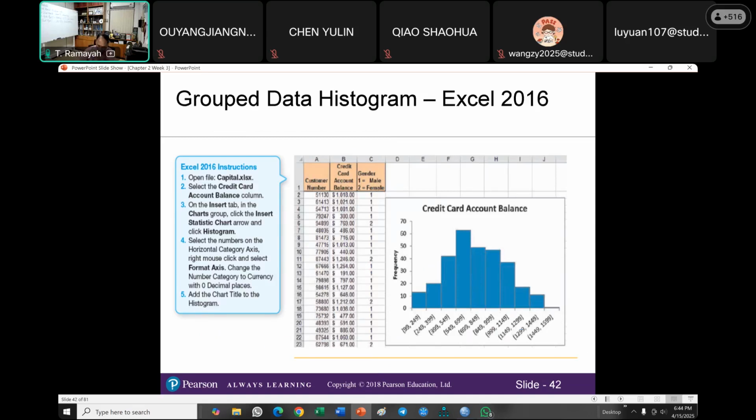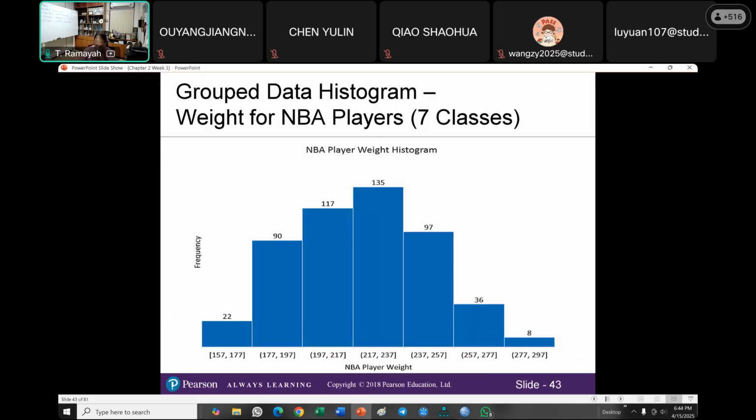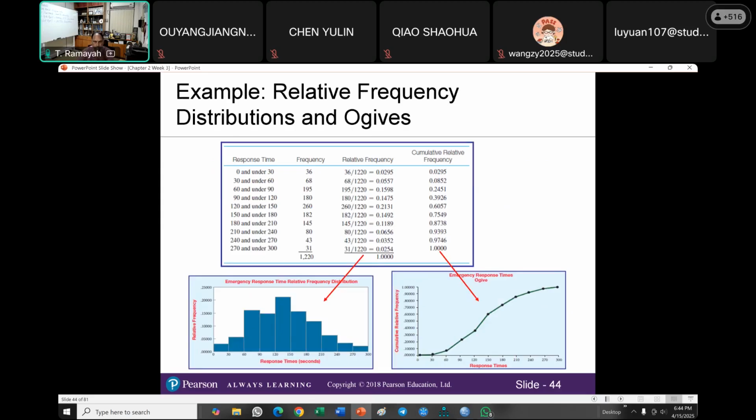We can also do this in SPSS. We go to frequencies, the frequency distribution, and then descriptive. We can get the histogram directly from SPSS.